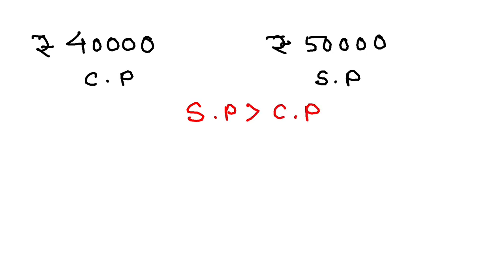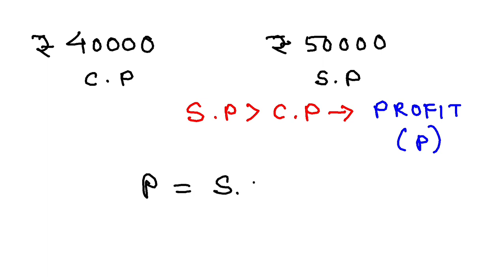So is he incurring profit or loss? He is selling for more money, right? So there is a case of profit, isn't it? Symbolically capital P. So how to find a profit? Profit is always calculated as SP minus CP because SP is greater.